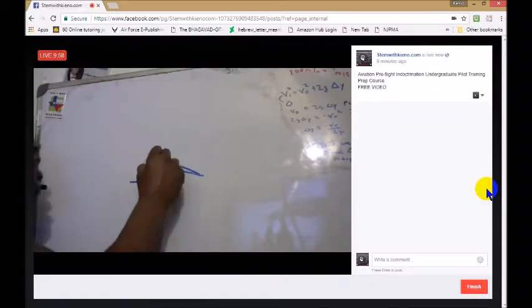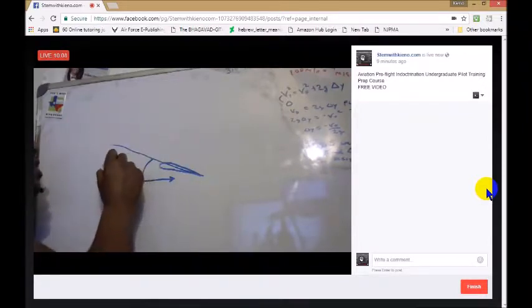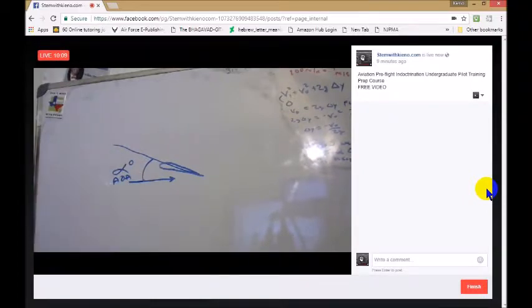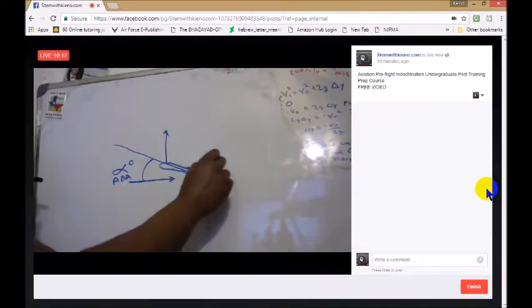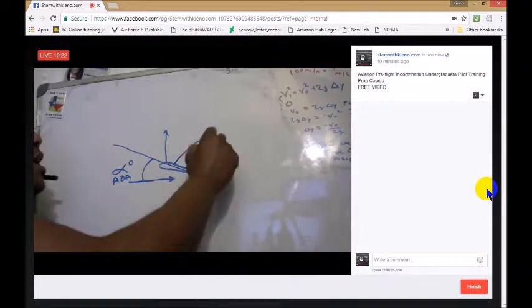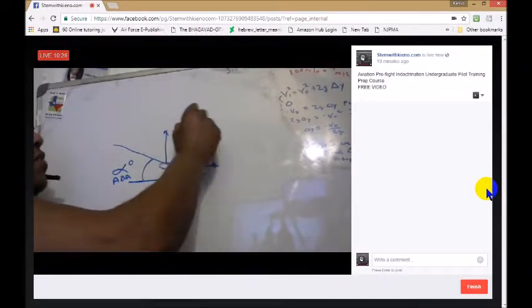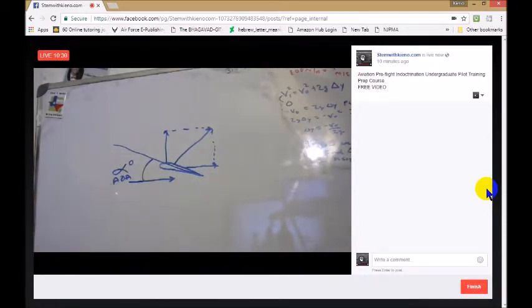The chord line is pointed upward like this, and this is what we call angle of attack, measured in degrees. We do have a lift component upward, but we also have a drag component. So the resultant aerodynamic force is a component of the lift and the drag forces. The lift is actually going to be produced in that direction as we climb through the air.